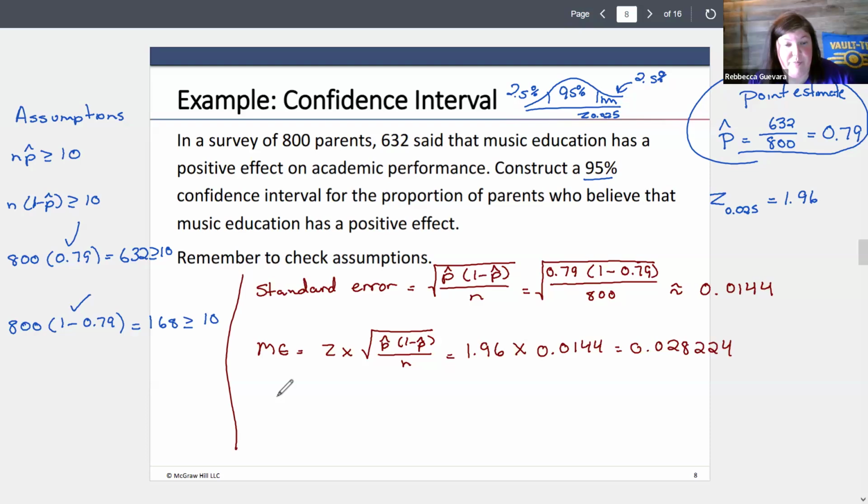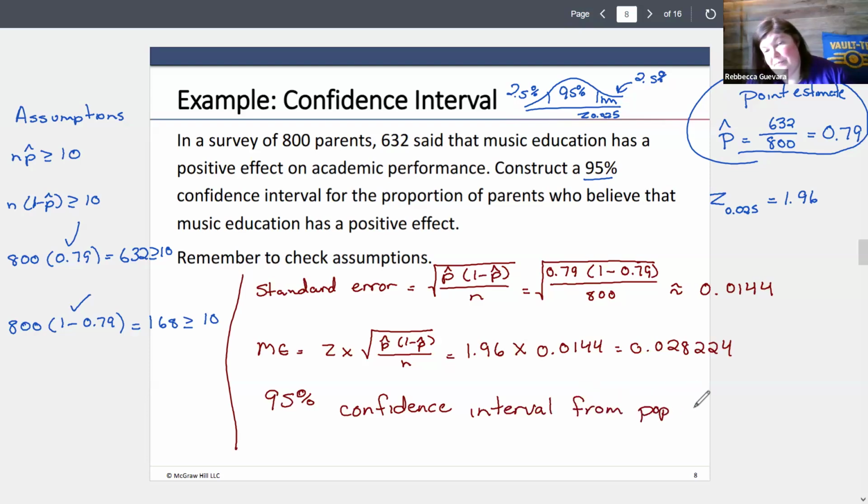So if I want my 95% confidence interval for my population proportion, it is going to be my point estimate of 0.79 plus or minus my margin of error, so plus or minus 0.028224.